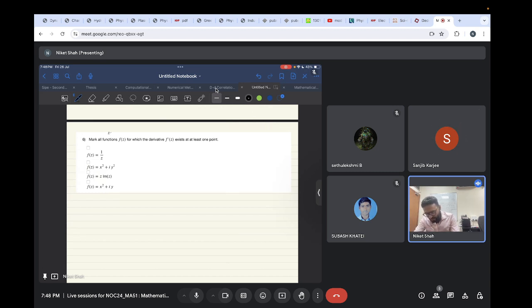Mark all the functions f of z for which the derivative f prime of z exists at least at one point. So we are not saying that the derivative should in general exist. We want the derivative to exist at least at one point, any particular point. There could be many methods to do this.